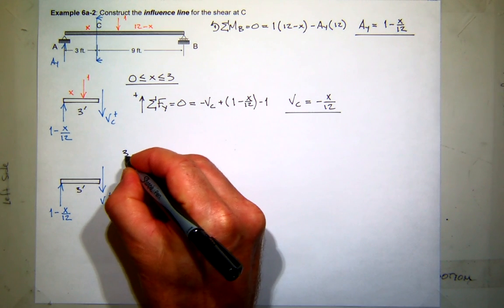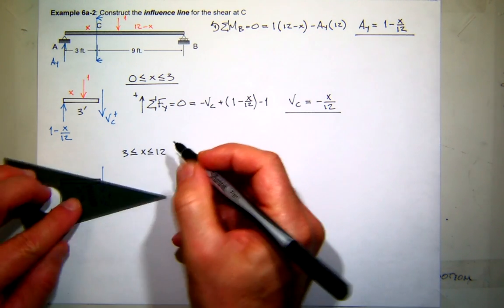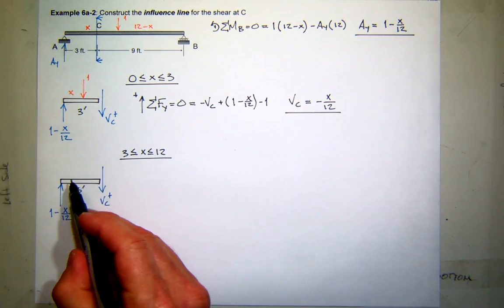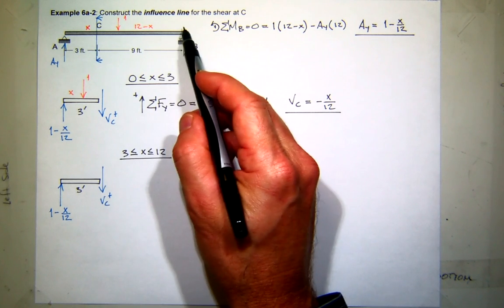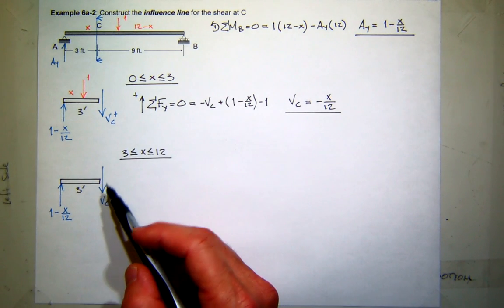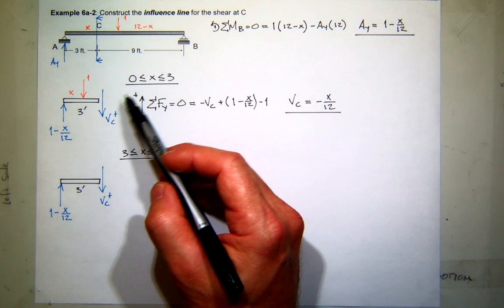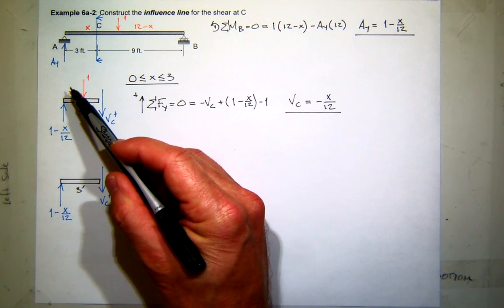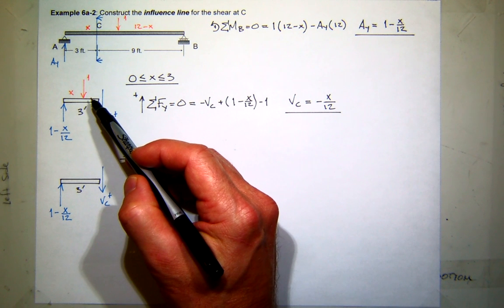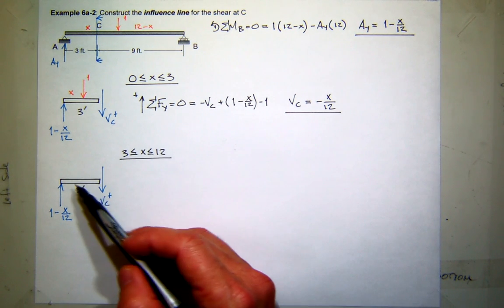But now my unit load is somewhere between 3 and 12 feet, which means it's not on this free body. It's now over here somewhere. See the difference between these two? They're identical, except in the first case, from 0 to 3, the location of the unit load is there, between 0 and 3. And when the unit load is between 3 and 12, it's not on this free body anymore.